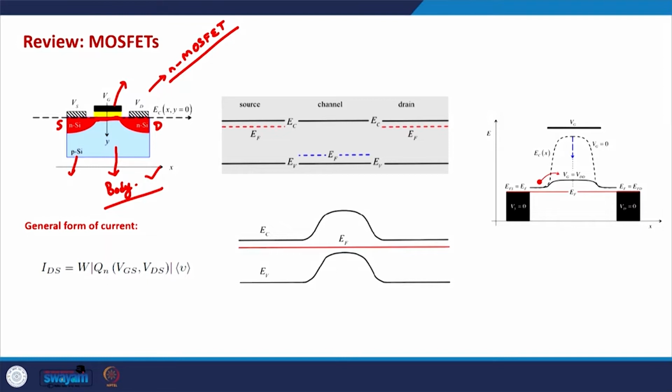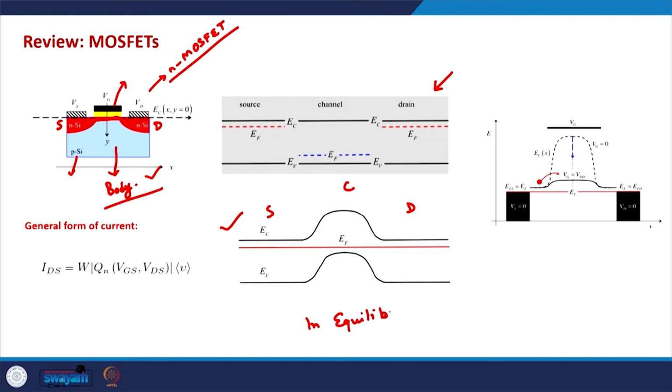If we go to the energy landscape, this is how the energy band diagrams of source, channel and drain look like when it is assumed that they are not joined. When we join the source, the drain and the channel, this is how it looks like, and this is the equilibrium picture.